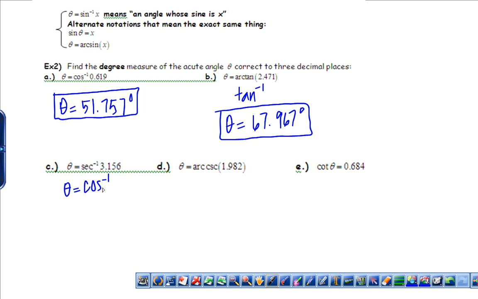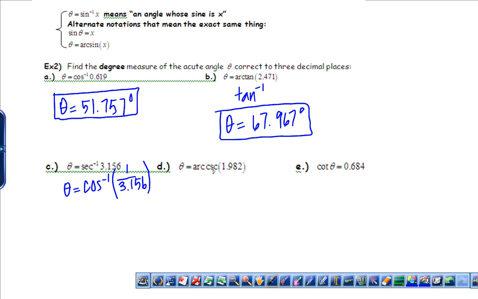So I'm taking the inverse, which is the reciprocal, 1 over 3.156. So this is where you take the reciprocal of the number. Okay, secant is 3 point something, so cosine is going to be 1 over.